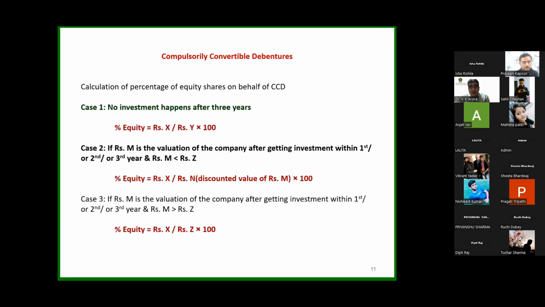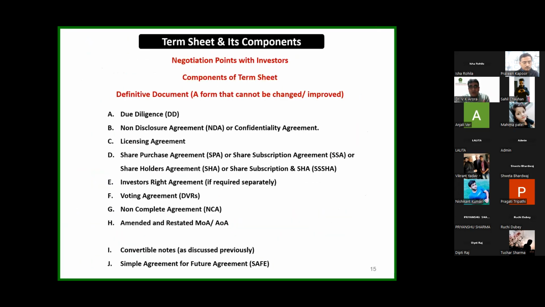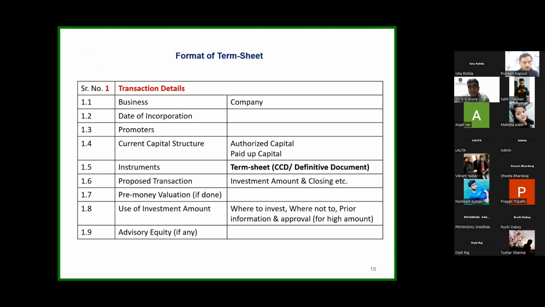So if I come to the components of the term sheet, let us see, this is the general format of a term sheet, right? It is not at all a legal document. You can sign a term sheet. It is written over here in the term sheet very clearly that if any definitive document is not signed, I hope you understand about the definitive document, which cannot be changed, which cannot be improved, which cannot be altered.